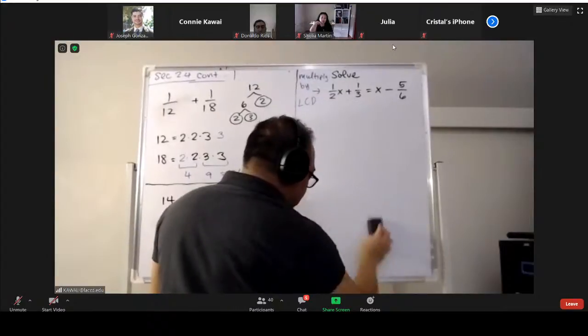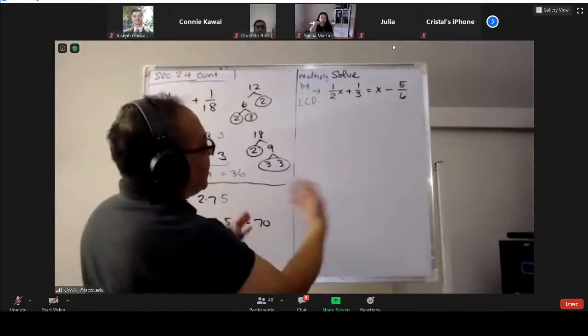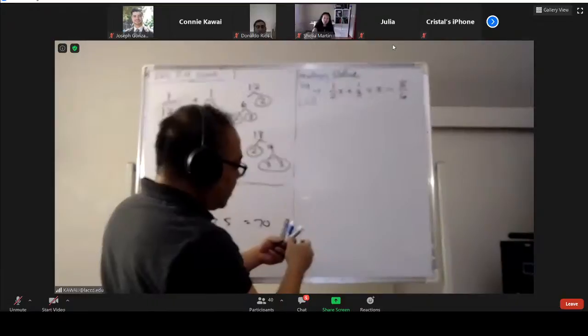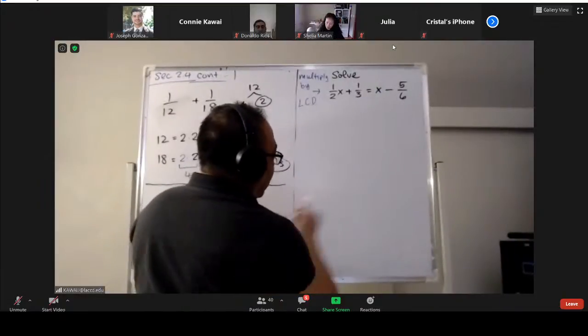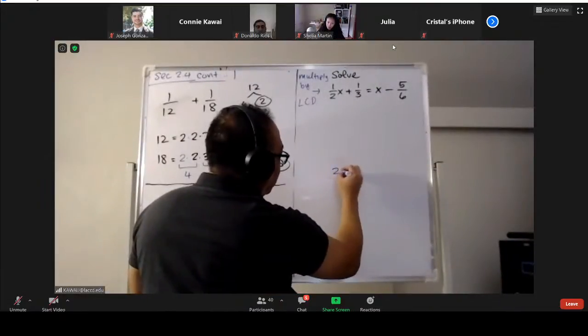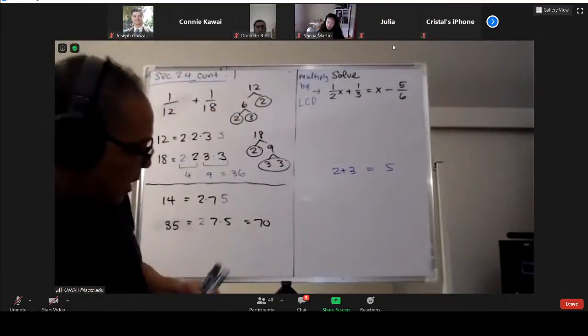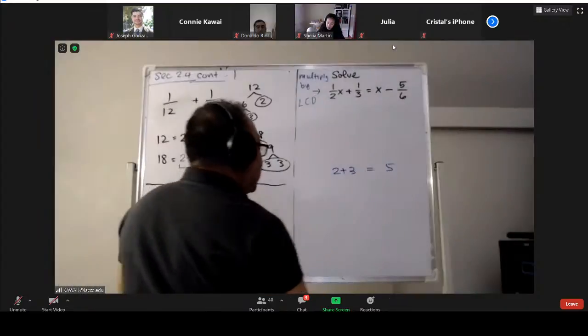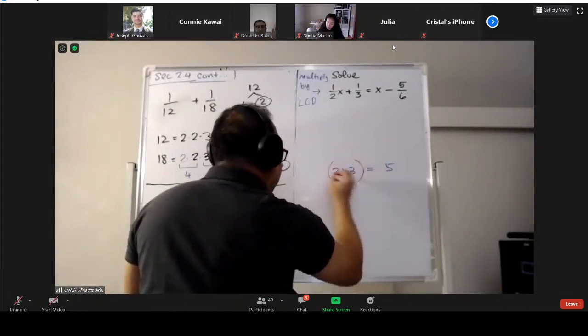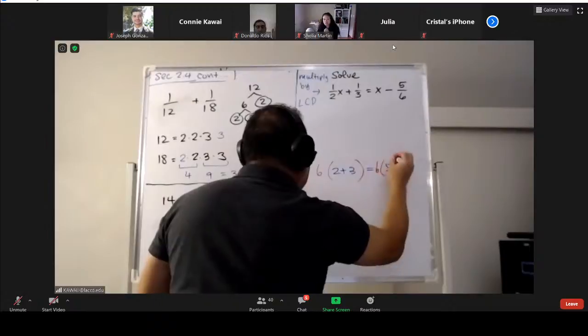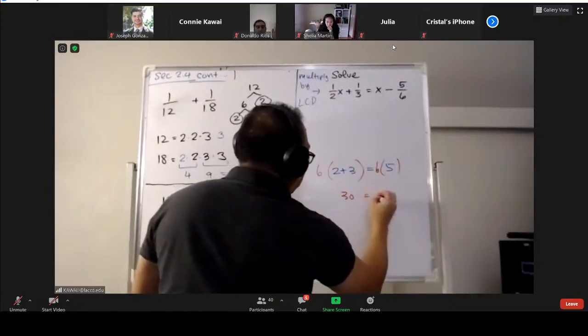Okay. So once you find the lowest common denominator, what you're going to do is you're going to multiply both sides by the same number. Okay. Now we're allowed to do that. So for example, if I had something that looked like 2 plus 3 is equal to 5, well, that's true. Now, if I multiply both sides by the same number, let's say 6, I'm still going to get 30 is equal to 30.